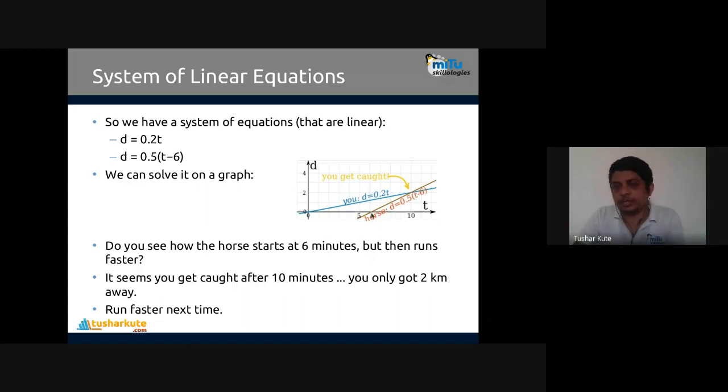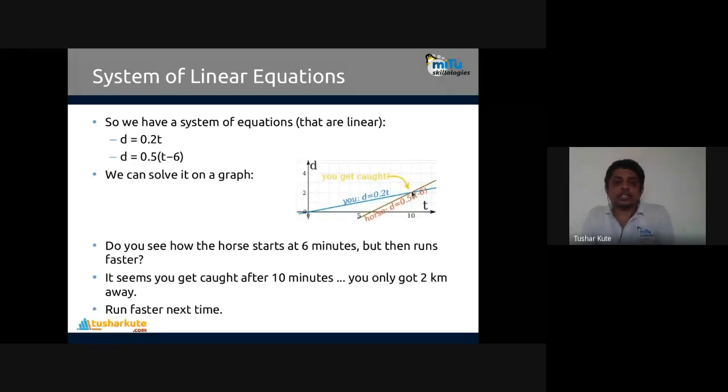So the horse started from here, and at this particular point, we can meet together. Though the horse started 6 minutes later, its equation is like that, 0.5 into t minus 6. T minus 6 is mentioned because there is a gap of 6 minutes time difference between me and the horse. So this is the point where we can meet.